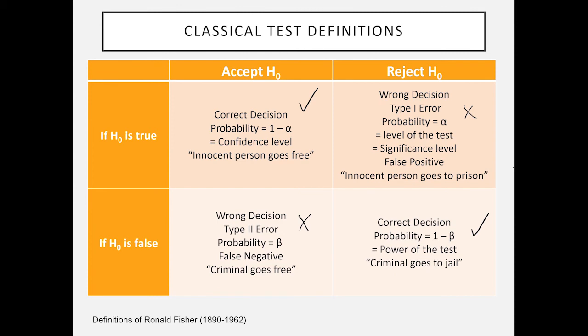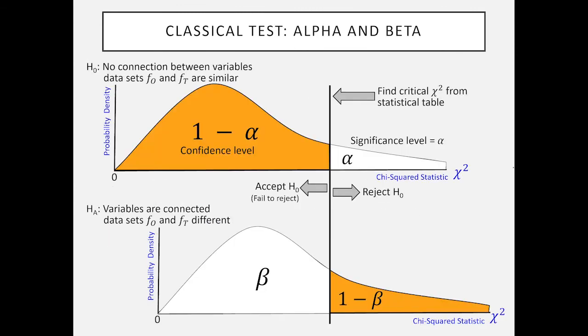If you could just go back for a second to this previous graph, you can quickly imagine that if we moved this whole line here further over here, we would reduce the chance of a type 1 error, making this white area here much smaller. Alpha then would become very small.